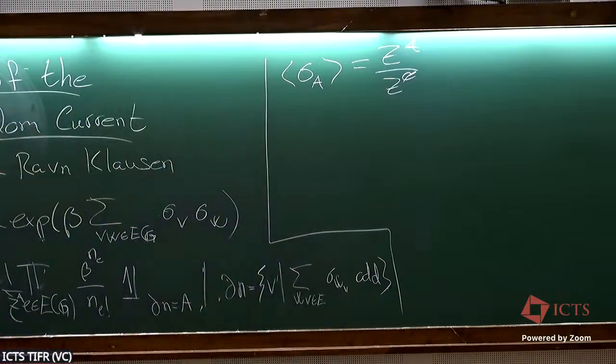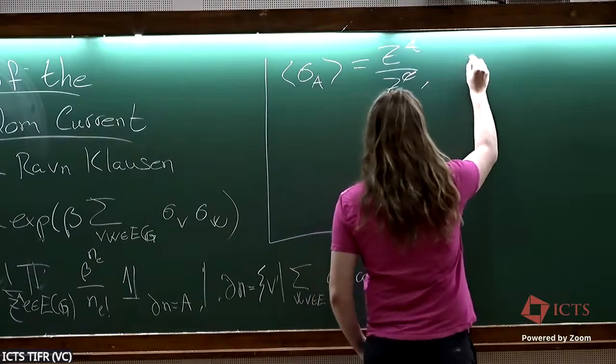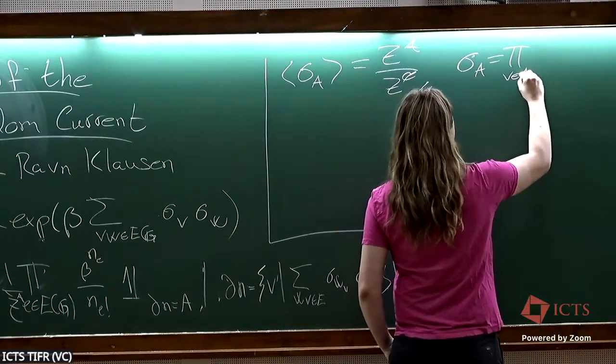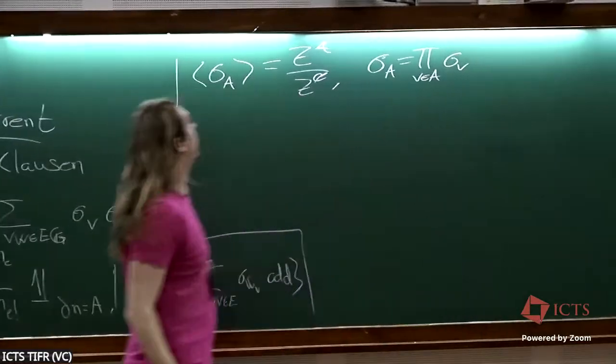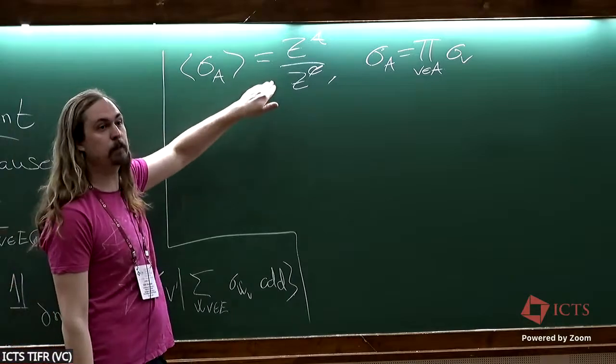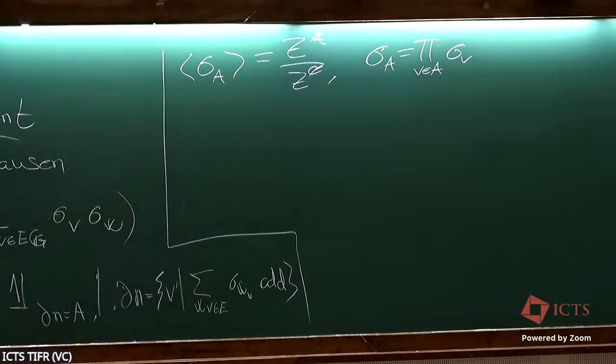Because the Ising correlations, again, as Franco informed us, sigma A is just by definition the product over vertices in A of sigma V. And the expectation of this is equal to a ratio of two partition functions. And again, as Franco told us, this expression, while nice, has the disadvantage that it's not a probability. Okay?